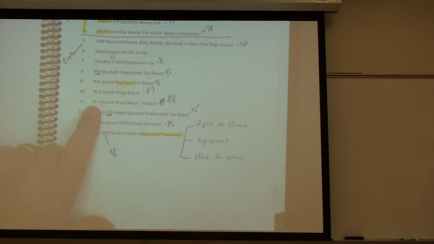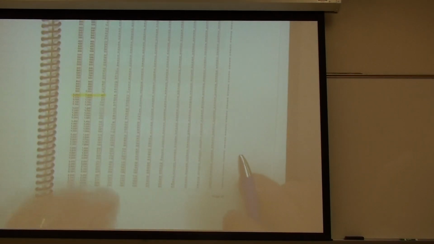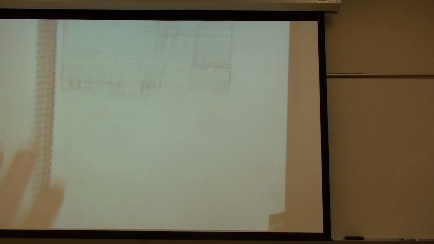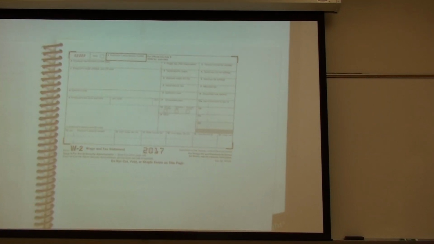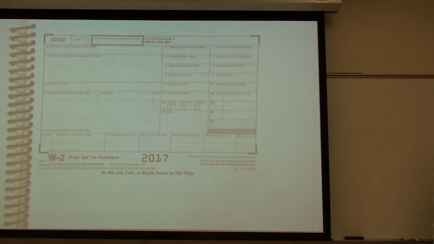Next we have W-2 and W-3. A W-2, go to page 87 here. You guys are probably familiar with this. If you've done work before, you'll get one of these.